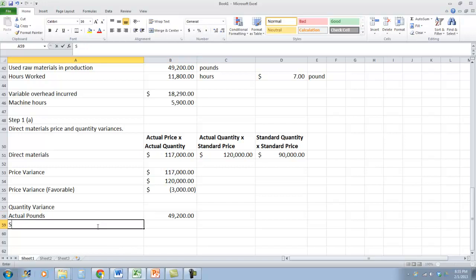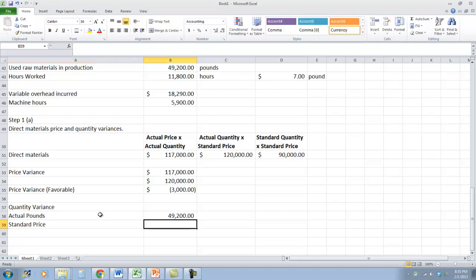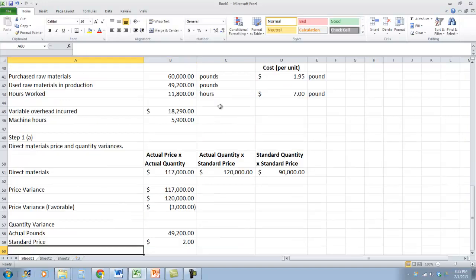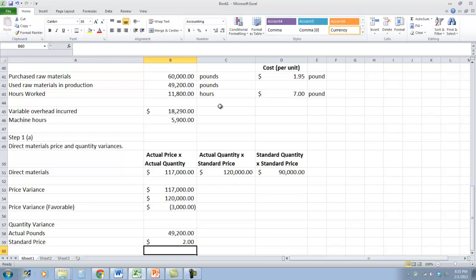And then our standard price is $2. So let's multiply this out.